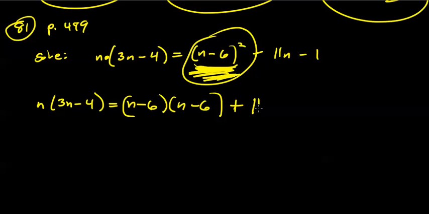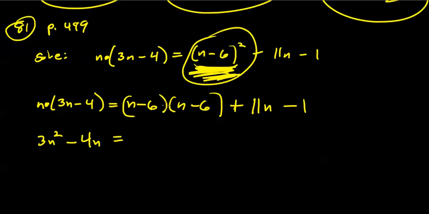plus 11n minus 1. Alright, let me go ahead and perform the indicated operations now on the left hand side. I'll get 3n squared minus 4n on the left.